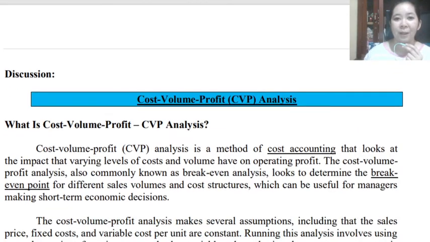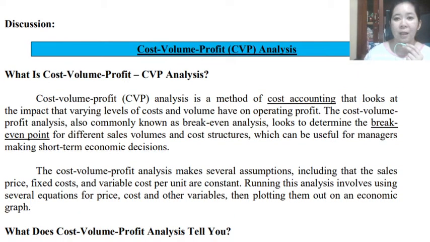So to start with, let us first discuss what cost volume profit, or CVP analysis, is all about.